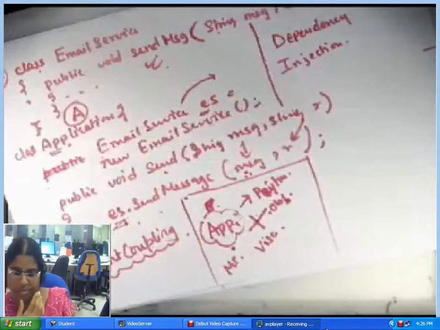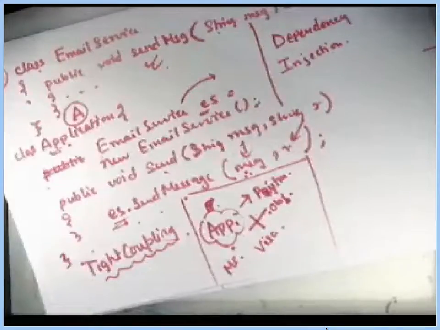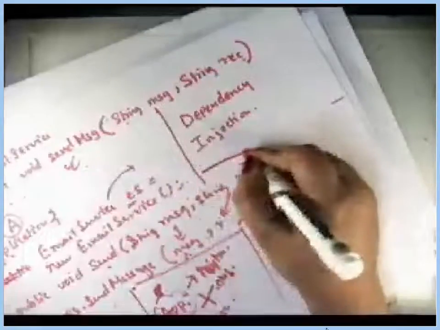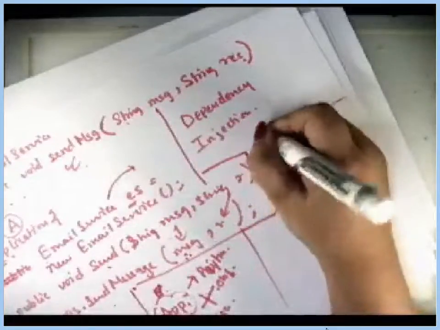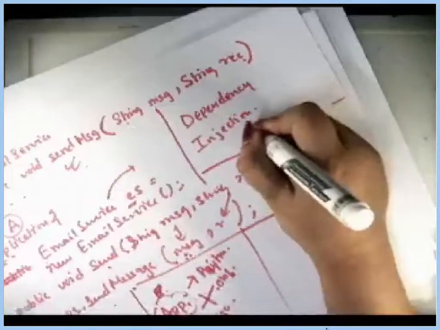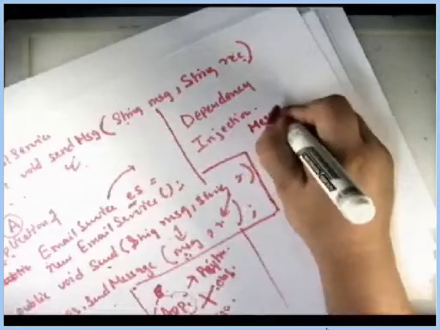Now in dependency injection, again taking the example of email messages, we are going to create an interface called message service.